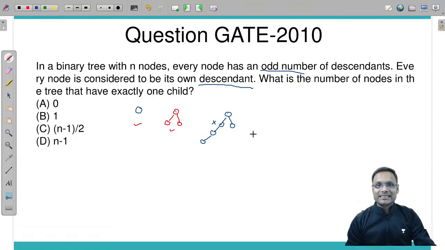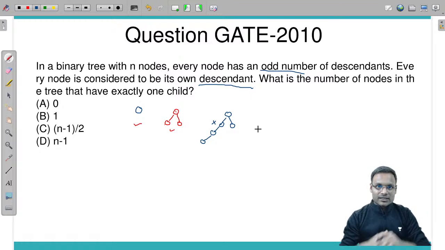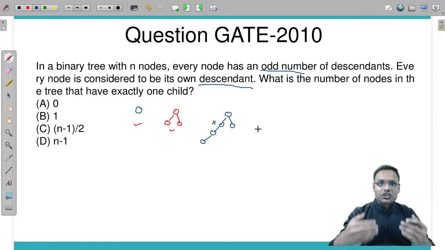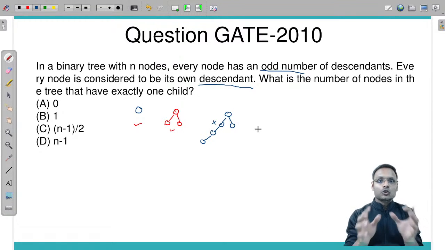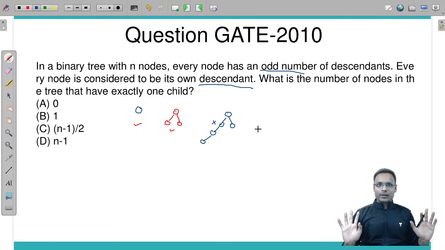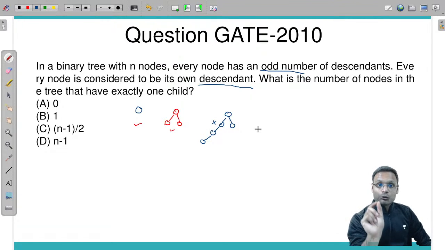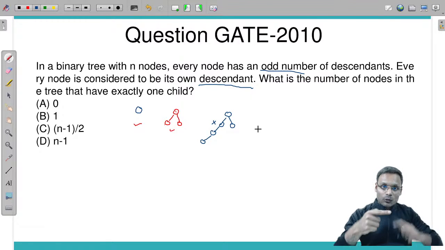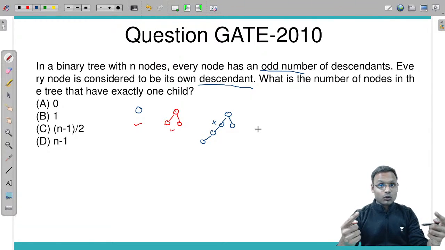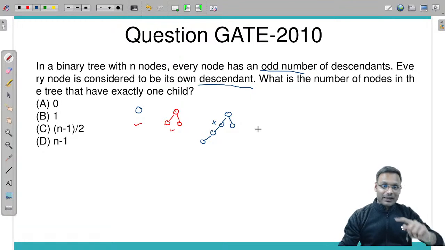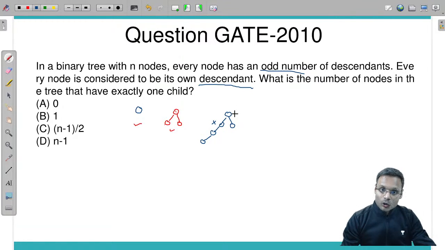If we do not consider the node itself in the descendants, then the children and children and children should be of an even number. If the node is not considered to be its own descendant, then we should have the node's children count even, not odd. We subtracted one for self, so odd to even we have made.